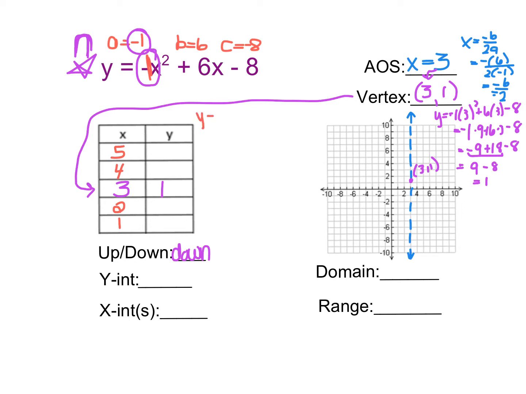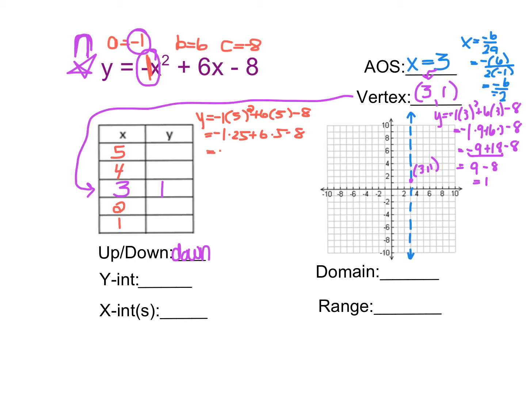So I have y is equal to negative 1 times 5 squared plus 6 times 5 minus 8. If I do my exponent first, I get negative 1 times 25 plus 6 times 5 minus 8.